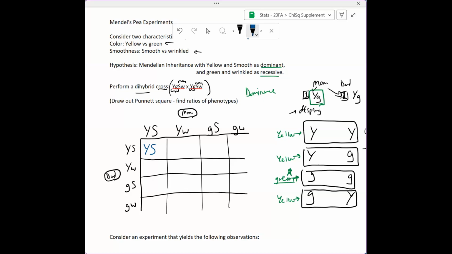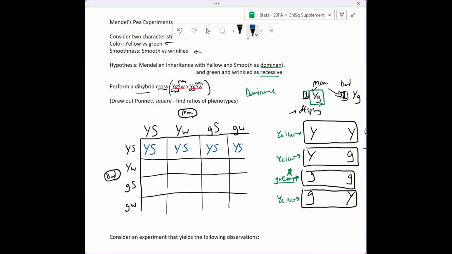If we go to the right one, the color is still yellow, and it's smooth versus wrinkled, but smooth is the dominant trait, so smooth is the one that comes up as the trait that you would actually see in the phenotype. Yellow versus green, yellow wins, and smooth versus smooth is of course smooth. And yellow smooth versus green wrinkled, yellow smooth wins in both cases.